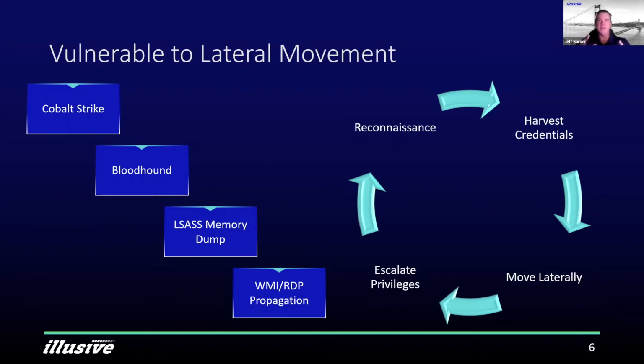We can look back at the nation state attacks with the SolarWinds attack and say that even some of the best and most sophisticated organizations had an attacker persistent in the environment, moving around and performing lateral reconnaissance for a significant period of time. This is affecting all of us. And to me, that's the affirmation that lateral movement is an area that we as an industry need to focus in on. And we're seeing a lot of common tools being used across the different attack types.